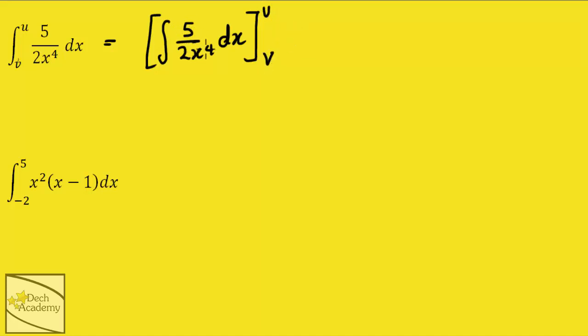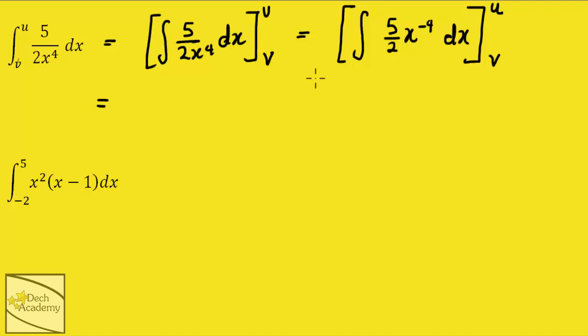I can write 5 over 2x to the 4 as 5 over 2 times x to the minus 4 dx. With u the upper limit and v the lower limit, integrating the integrand gives 5 over 2 times x to the minus 4 plus 1, which is minus 3, all divided by minus 3, which is the same thing as multiplying by 1 over minus 3, plus an arbitrary constant.